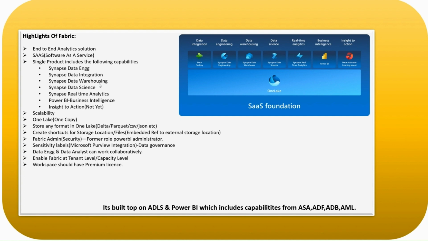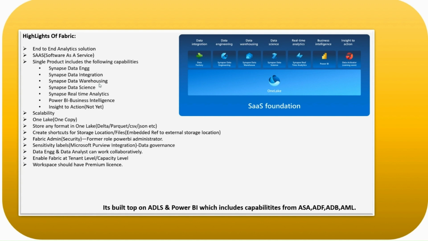So to address all these problems, Fabric is one unified solution where they have collaborated everything, and all of these share only one storage layer, which we call OneLake, where we store all the files or all the data in one storage.